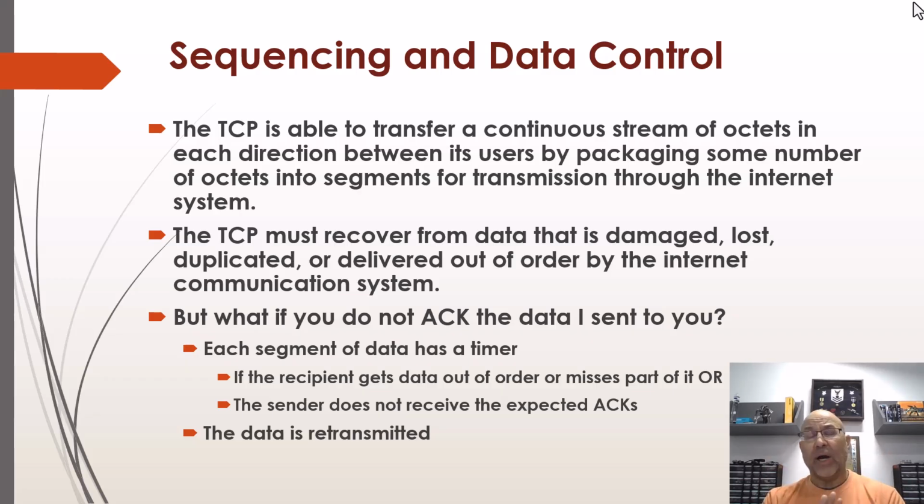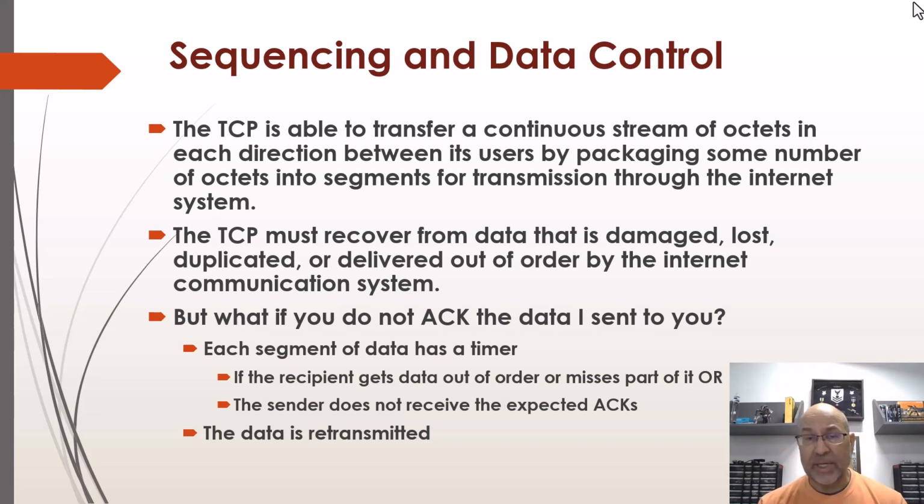And because it's sending me the sequence numbers along with that, I understand whether or not I've gotten all of the data, whether it's all in order. But of course, if I didn't get something, because of a delay or because there was an actual error out there, then I have the ability to tell the server what I did and did not get.